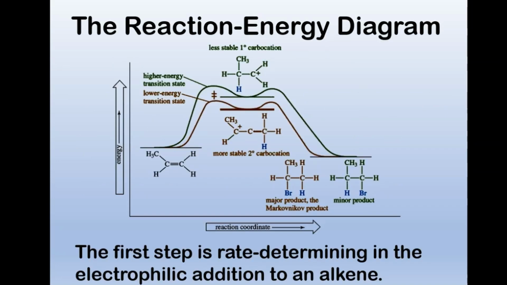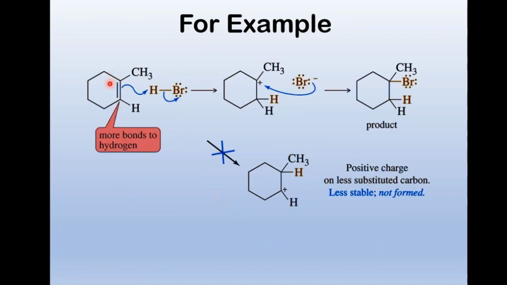So here's an energy diagram. If it wasn't for the slide saying this, I would say we just get the Markovnikov product. So here's an alkene. Here's the richer carbon. This would be a wrong answer. So here's a secondary carbocation, and here's a tertiary carbocation. And so here's the product that is formed.